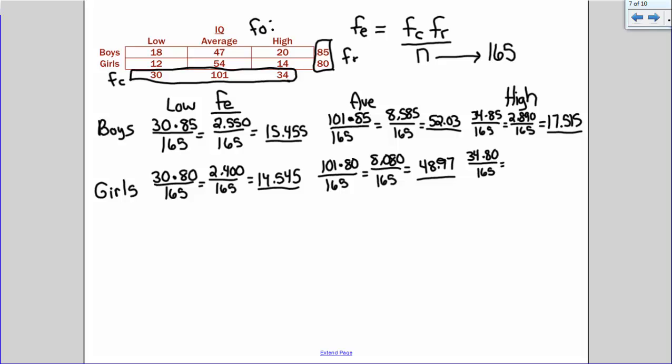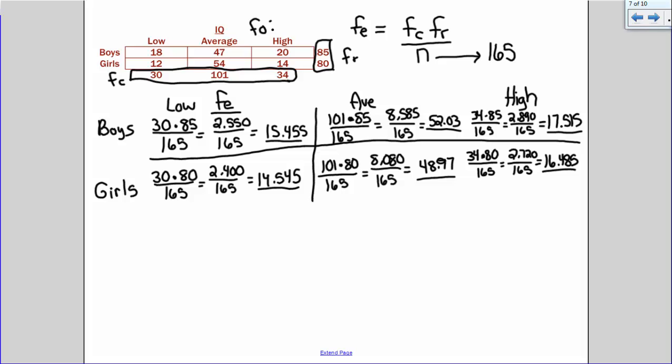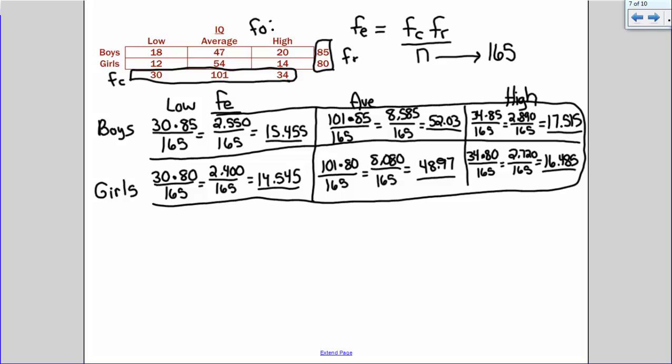That becomes 2,720 divided by 165. And we are expecting 16.485 girls in our sample to have a high IQ if the null hypothesis is true and there's no relationship there. So let's go ahead and chart this out, just because it'll help us when we're doing our calculations.